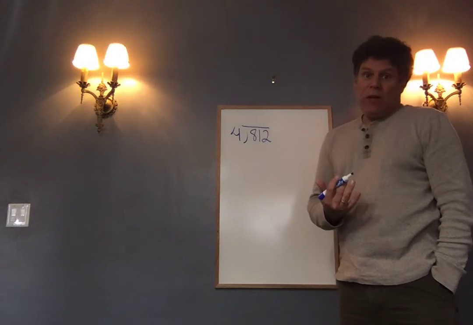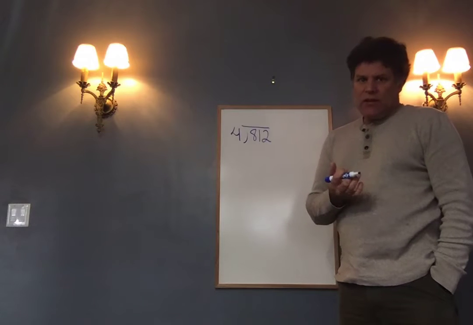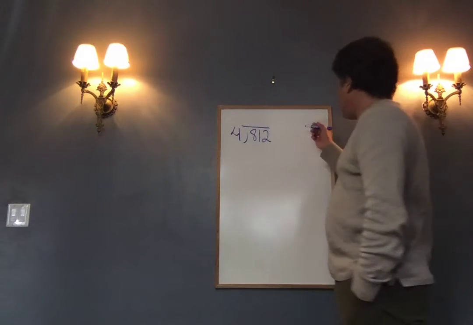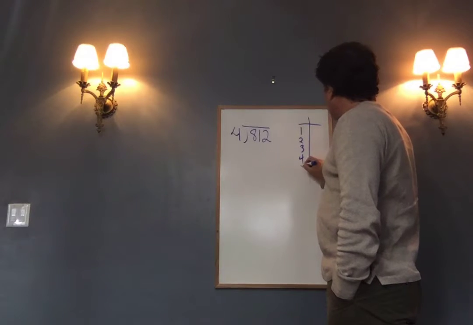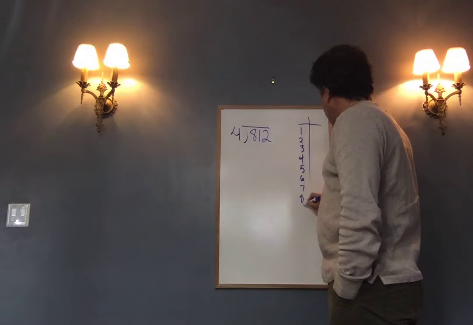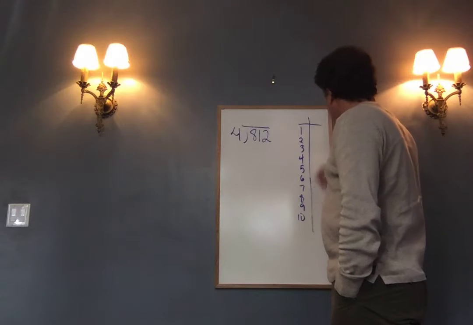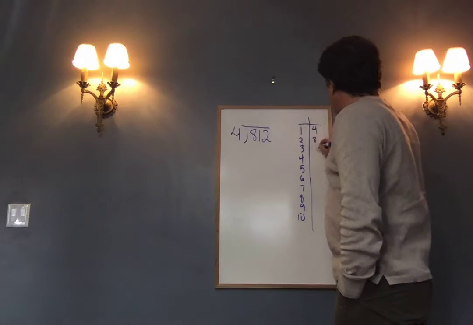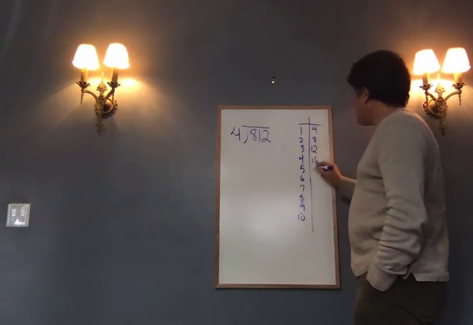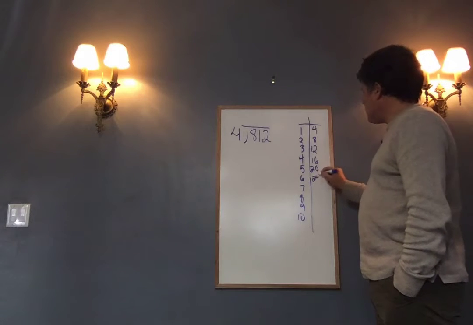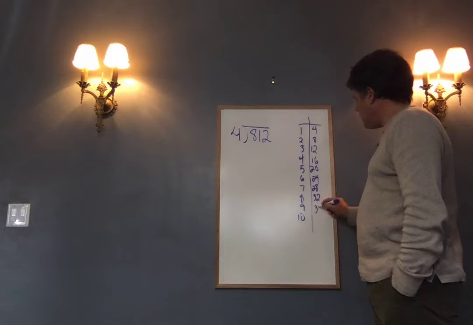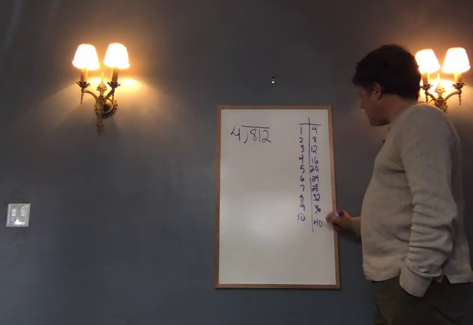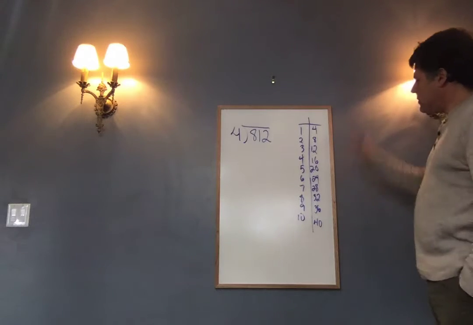You skip count by 4s, which makes it a lot easier to complete the problem as you're going through. So I'm just going to do my table here. 1, 2, 3, 4, 5, 6, 7, 8, 9, 10. And then I'm going to skip count by 4s. 4, 8, 12, 16, 20, 24, 28, 32, 36, and 40. All right, so there's my table of 4s.